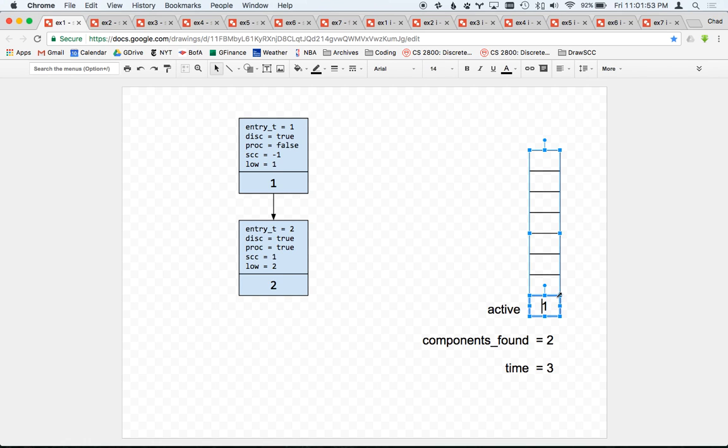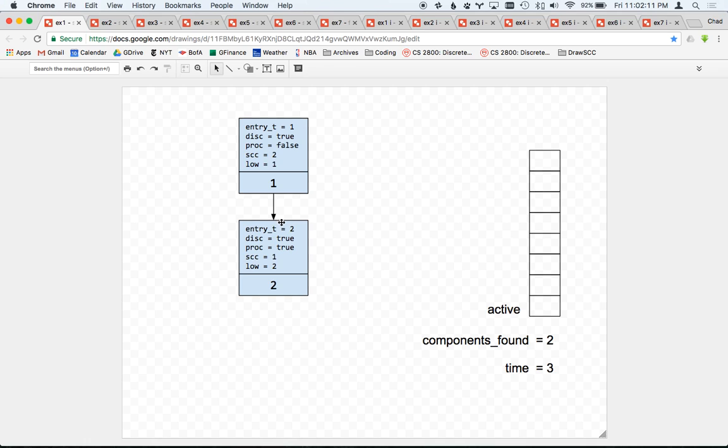We pop vertex number 1 off the stack, and we assign the strongly connected component of vertex 1 to be the current number of components found, which is 2.